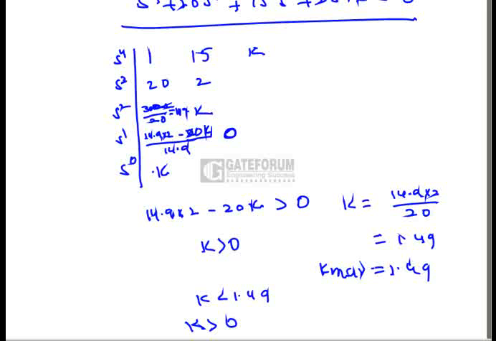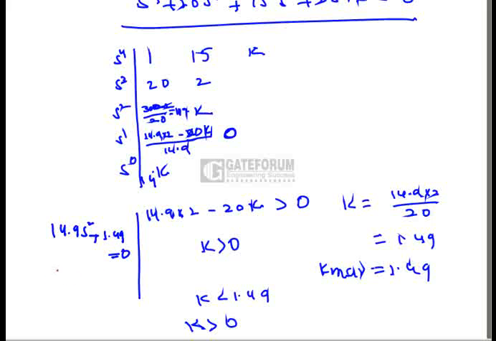After getting the k marginal value, we have to find out the auxiliary equation, and this equation is the auxiliary equation. Right. So here I am writing the multiplication of the s square factor: 14.9 s^2 + k, where k I got as 1.49, and this is equal to 0.